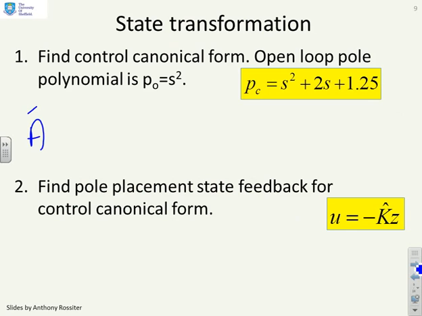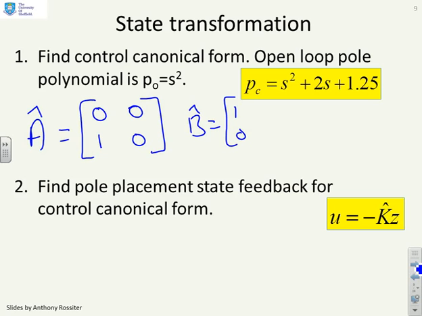Well, the canonical form A hat is going to be 0, 0, 1, 0, and B hat is going to be 1, 0. And the reason is the open loop pole polynomial is s squared plus 0s plus 0, and therefore you'll see I've got noughts on the top row, because the coefficients of P0 are 0.